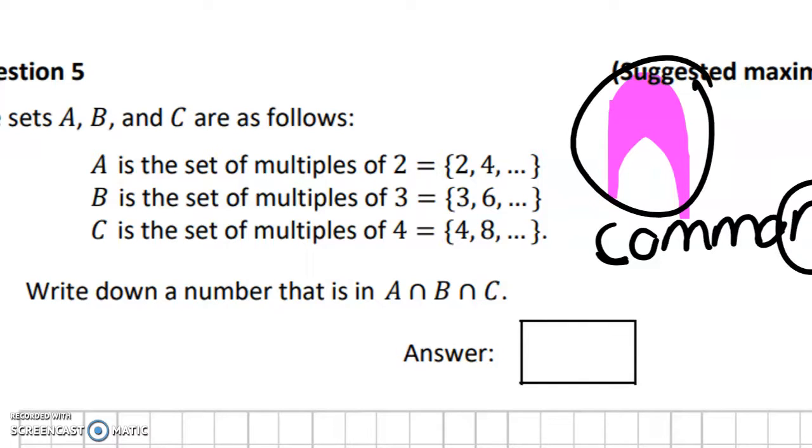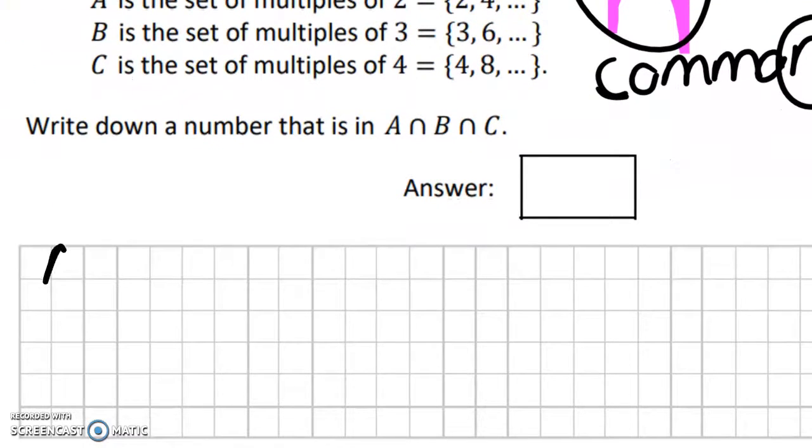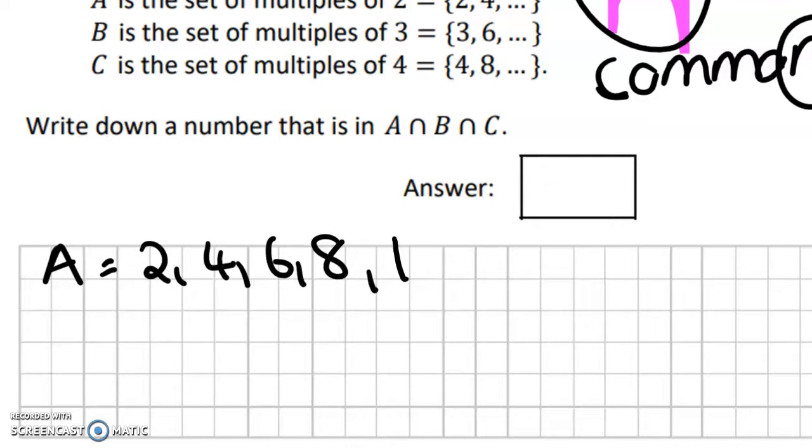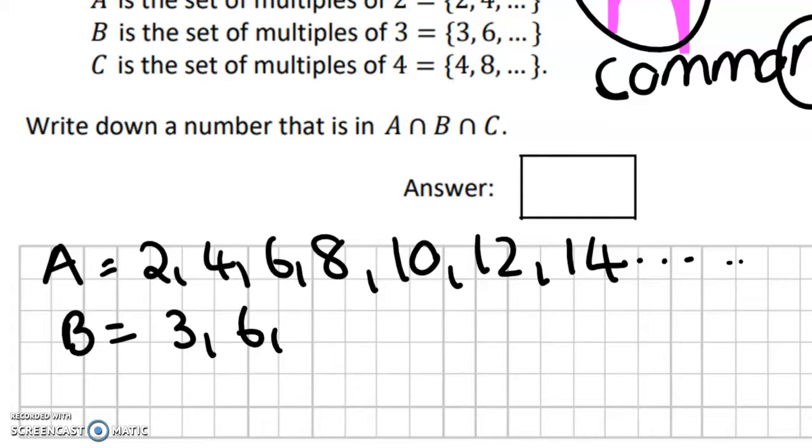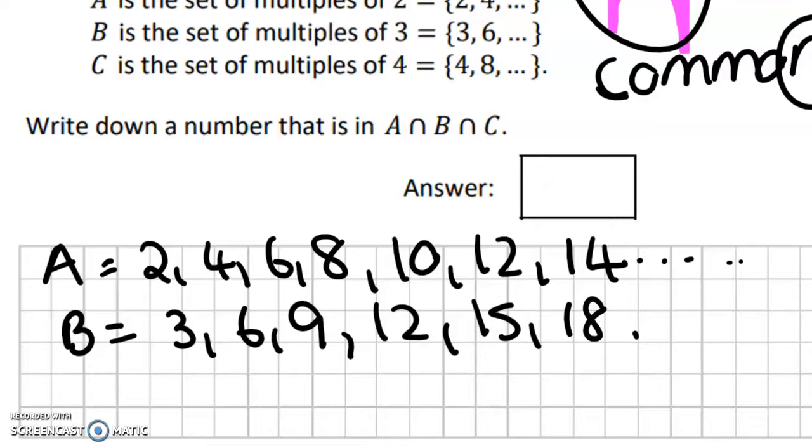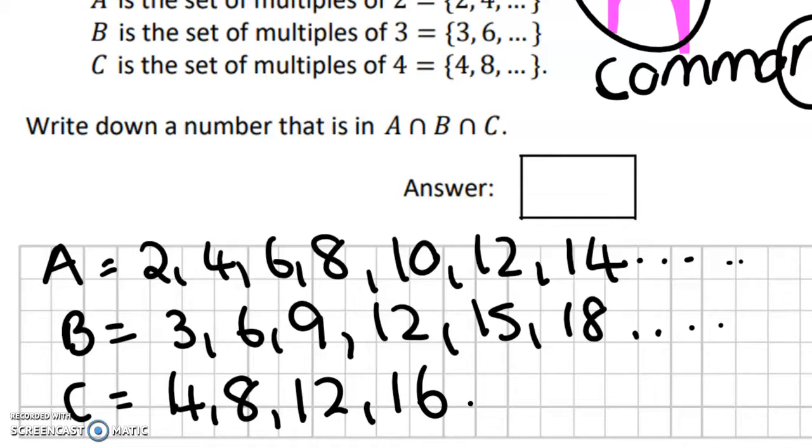So if I extend A, what I could say is, A equals, going on forever. B equals, etc. C equals, going on forever.